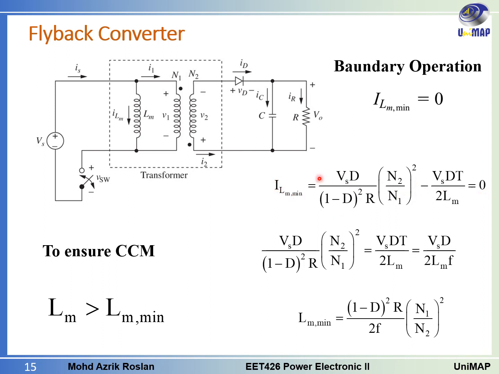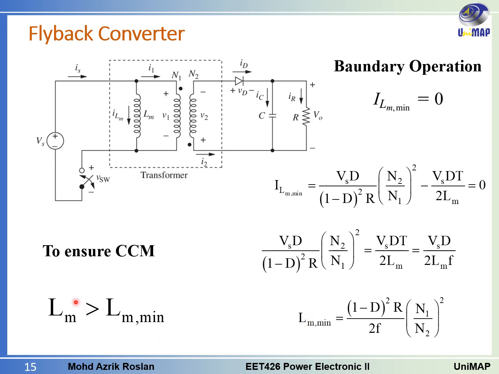Now we already found the condition when it is 0. When we have calculated the value of LM min, we have to ensure that the chosen value of the magnetizing inductance must be bigger than the value that we calculated at this point.